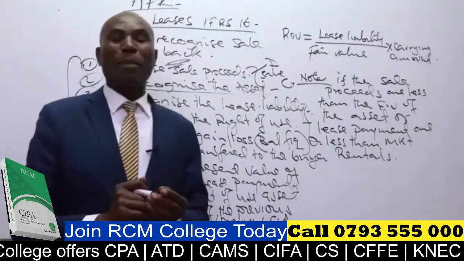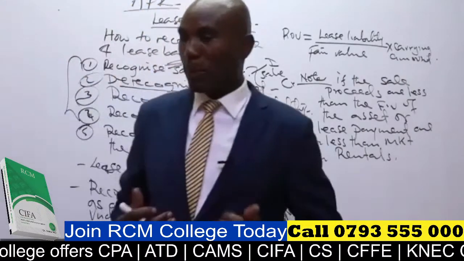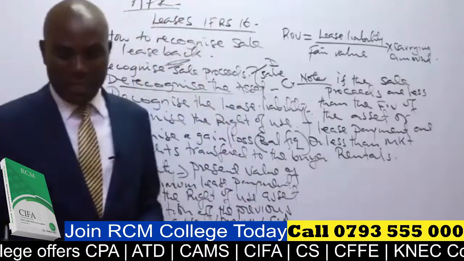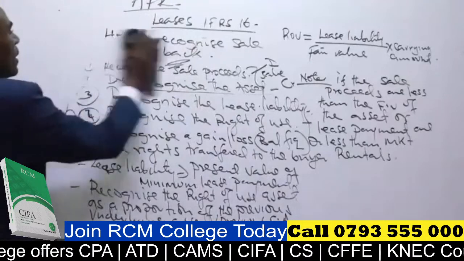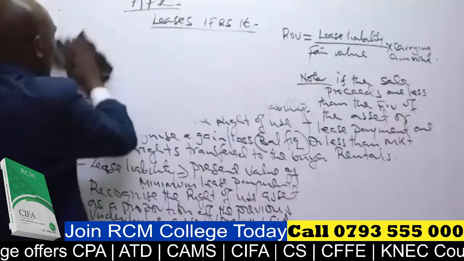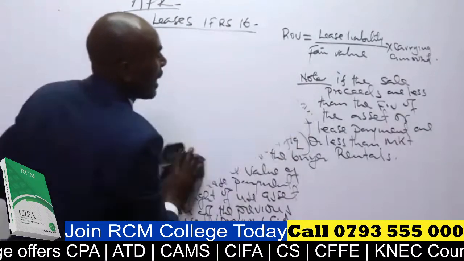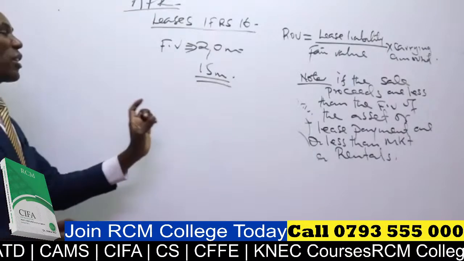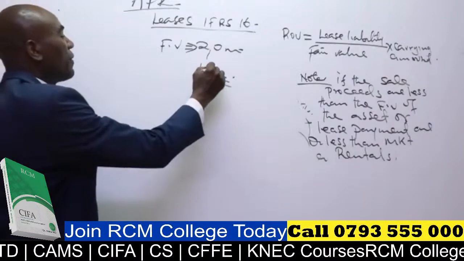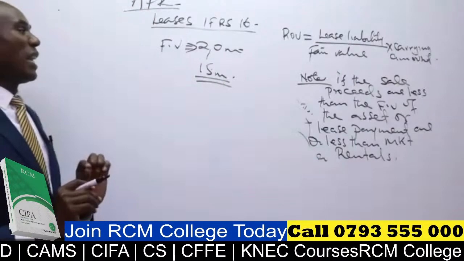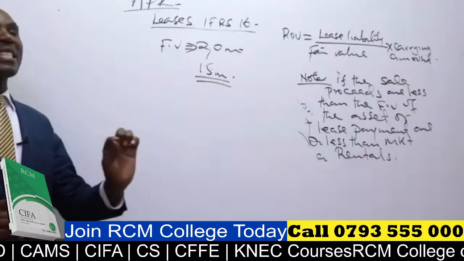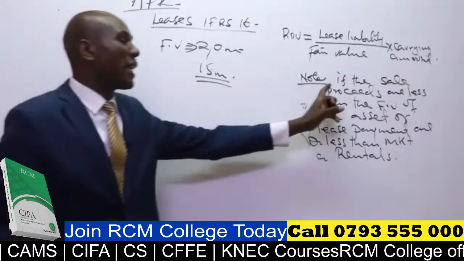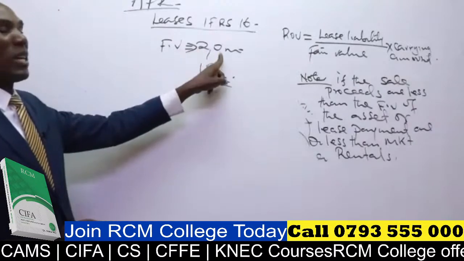What I'm saying here, before I go to what I want to say, let me explain that. Stay with me carefully. For example, the buyer is giving you cash of 15 million. Therefore, the sale proceed is less than the fair value. The fair value is 20 million.